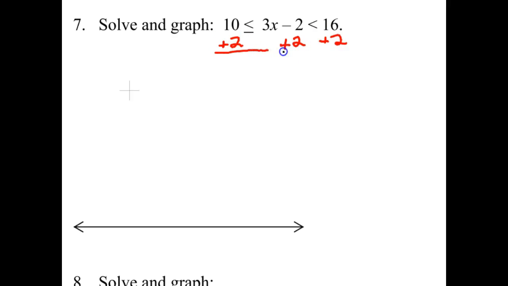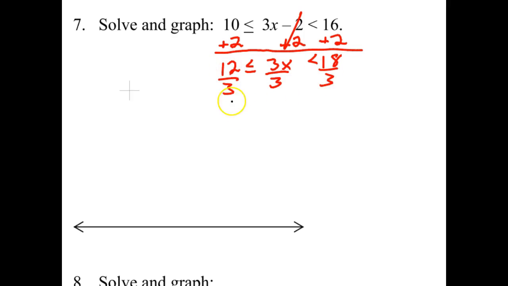So we're going to add 2 to all 3 places, like that. So we have 12 less than or equal to 3 times the number less than 18. And now, same idea, divide everything by 3. So 12 divided by 3 is 4, 3 divided by 3 is 1, and 18 divided by 3 is 6.